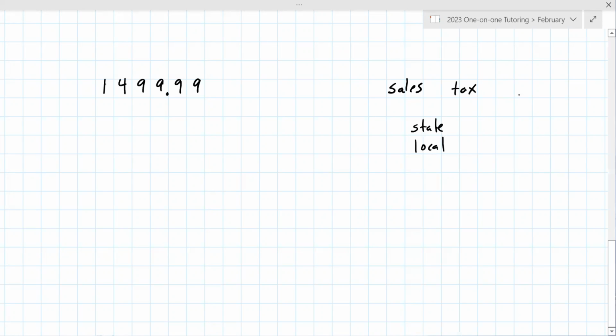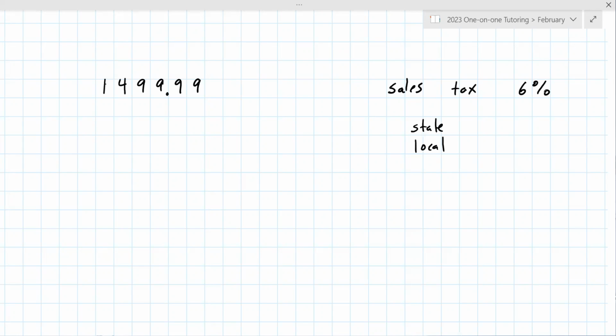Let's say you paid 6% sales tax on this bike. It's based on whatever legislation is put together, but that money goes to the state or the local government, and that's a separate class.